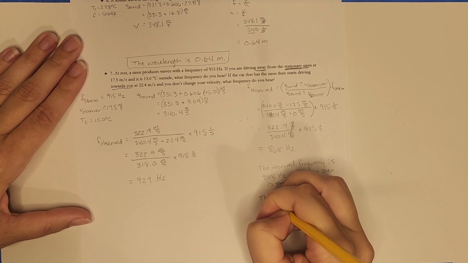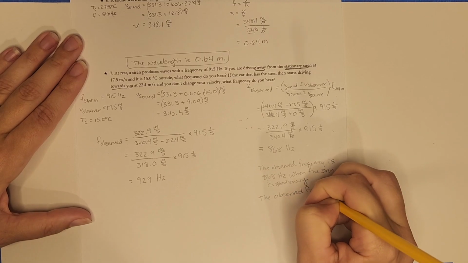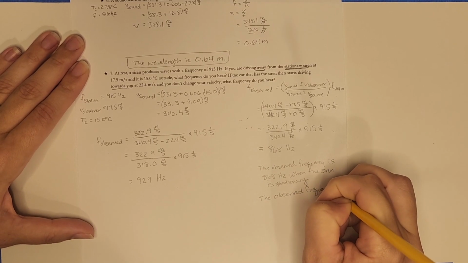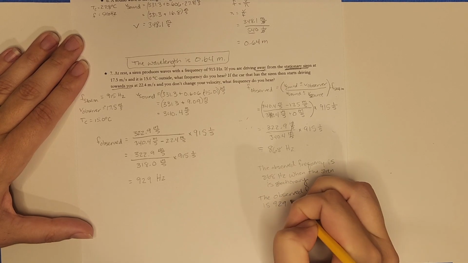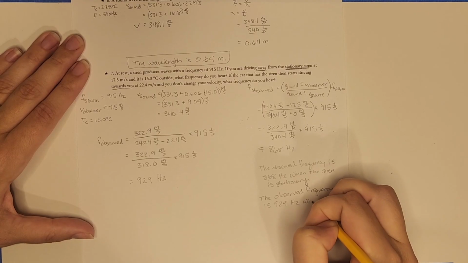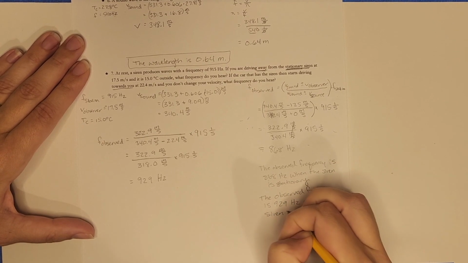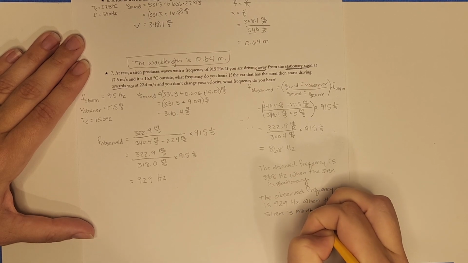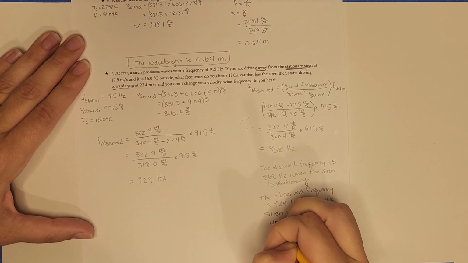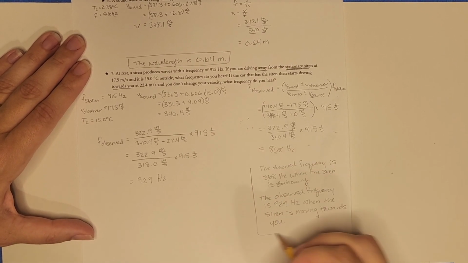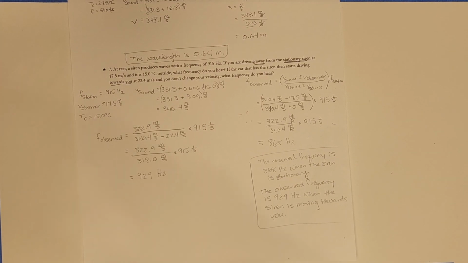So for the second question, the observed frequency is 929 hertz when the siren is moving towards you. And that is question 7.